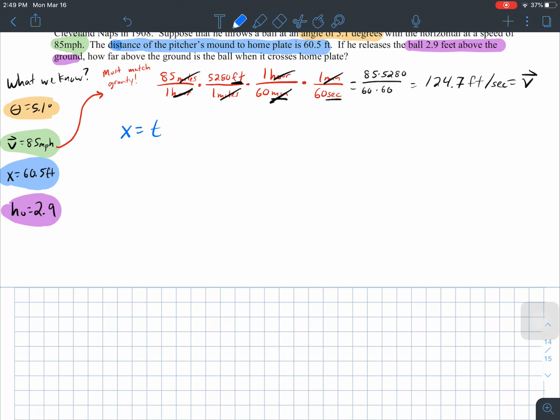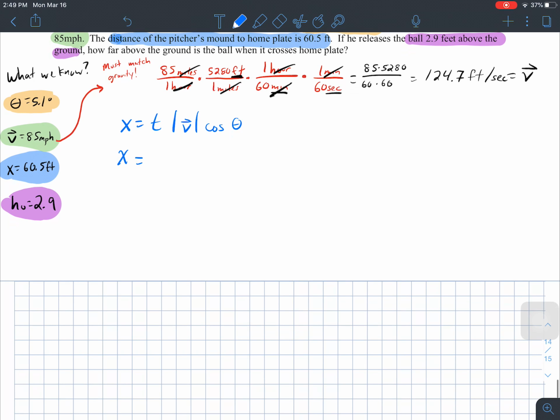And so I have x equals t times my initial velocity cosine of theta. Well, if I take a look, x equals t, and I don't know t, but I know my initial velocity, 85. Wait, we changed that into feet per second, so 124.7 t cosine of 5.1 degrees theta.